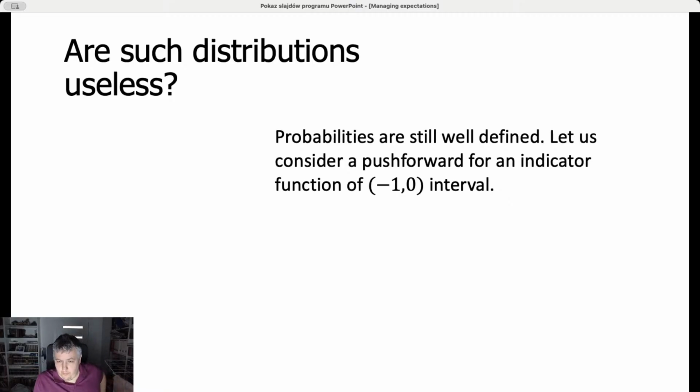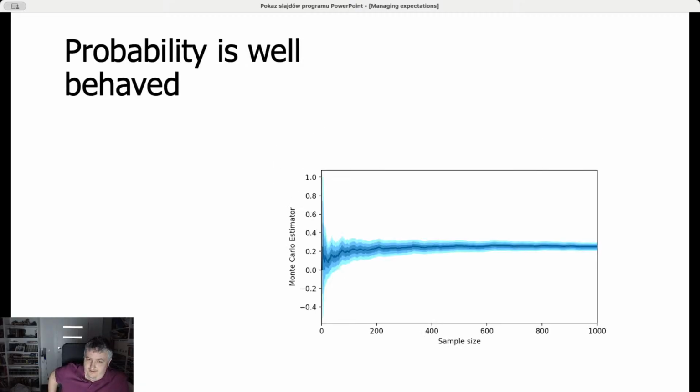For example, if we consider the probability of the interval -1, 0, we want to estimate the probability of samples belonging in the -1, 0 interval. We do it by computing the expectation of the indicator function. And this is very well behaved.